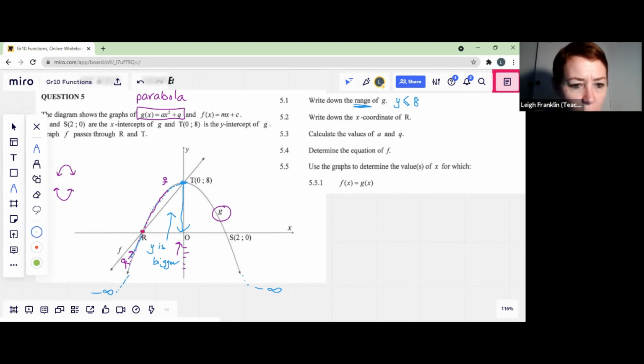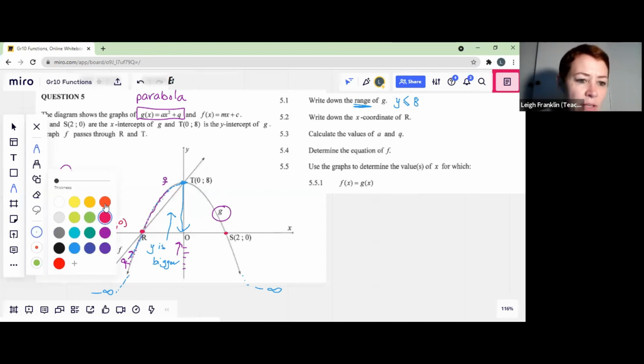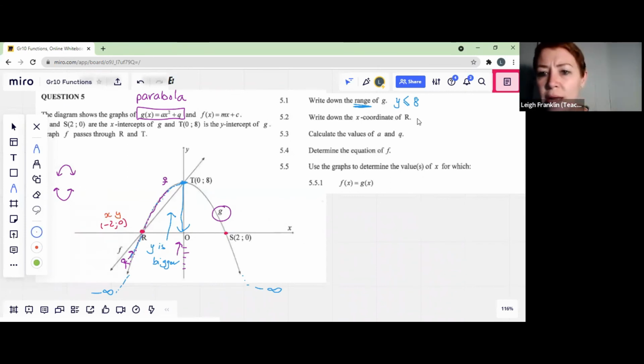So this point over here at R and this point over here at S are mirror images of one another. So if this is 2 and 0, at R the coordinates would be -2 and 0. And again there, can you see how the x is always written first, and the y is always written second? So quite right. At R, x is equal to -2.